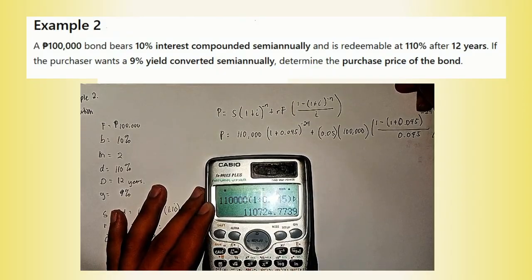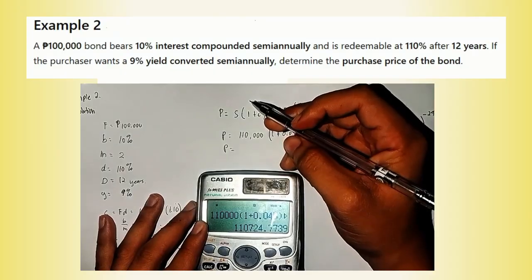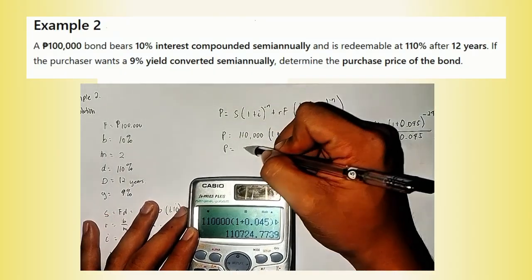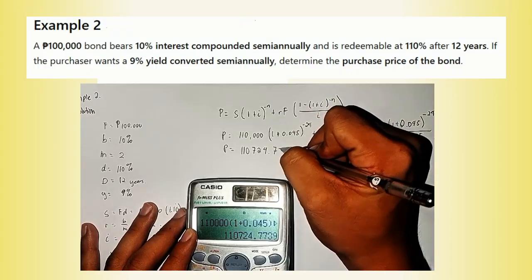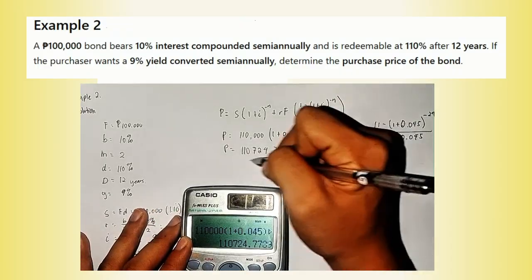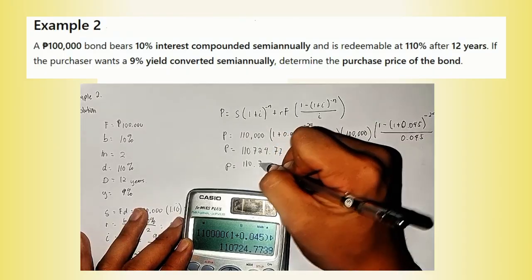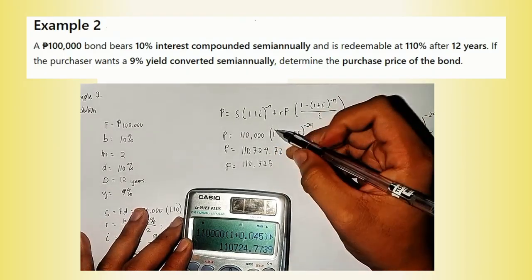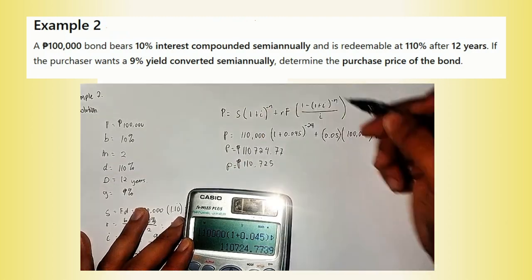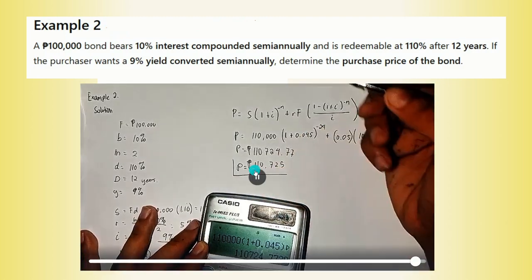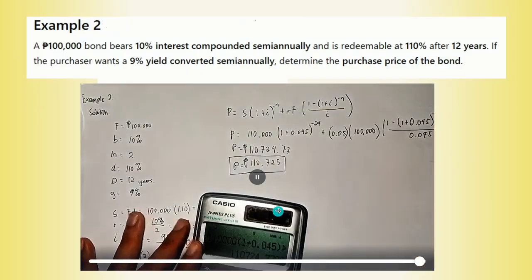So the purchase price of the bond is 110,724.77, or P is equal to 110,725 pesos. Ito na siya guys, pesos. This is now the value of the purchase price of the bond.